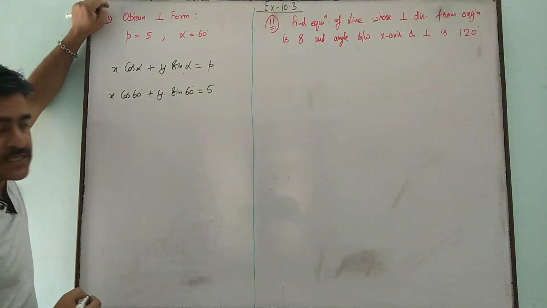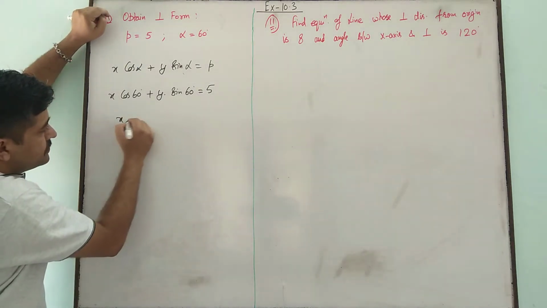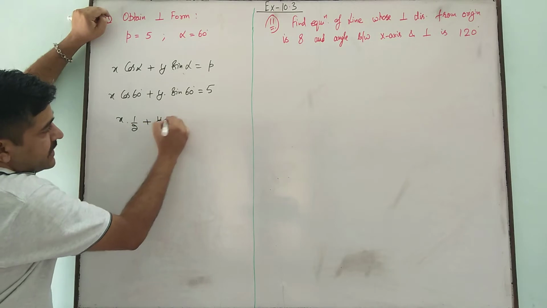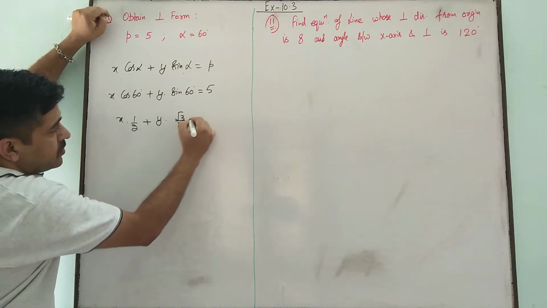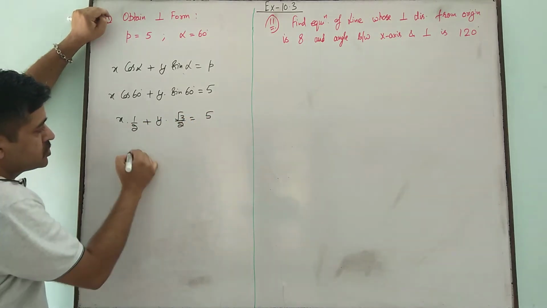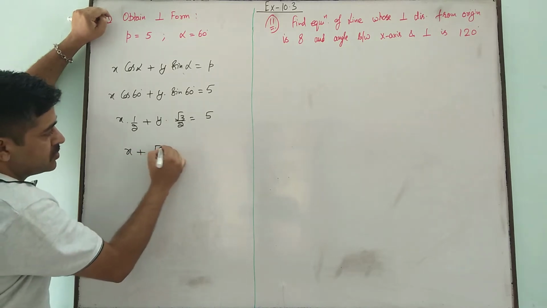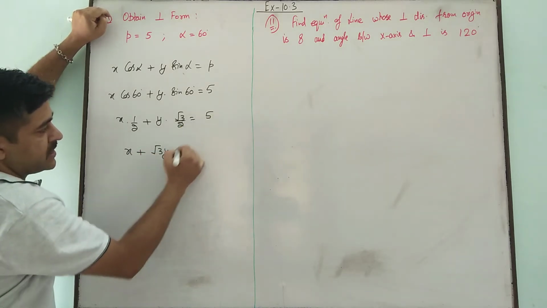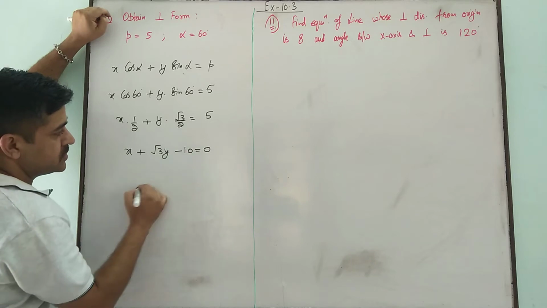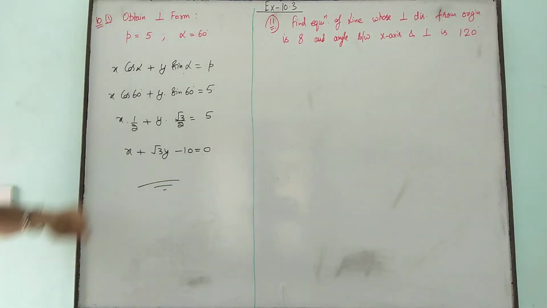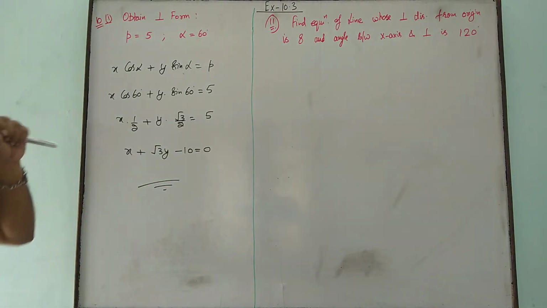Cos 60 is your 1 by 2 and sin 60 is root 3 by 2, is equal to 5. So we got x plus root 3y minus 10 is equal to 0 is your equation of the line, right?